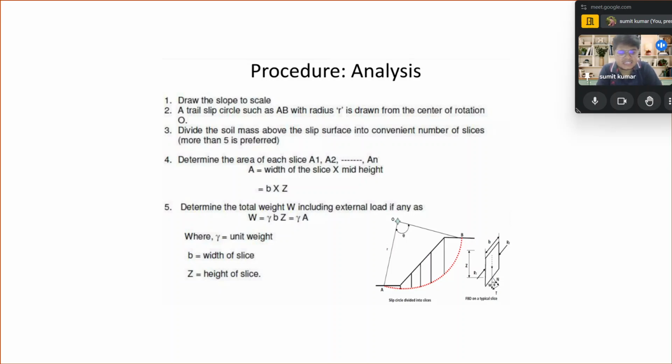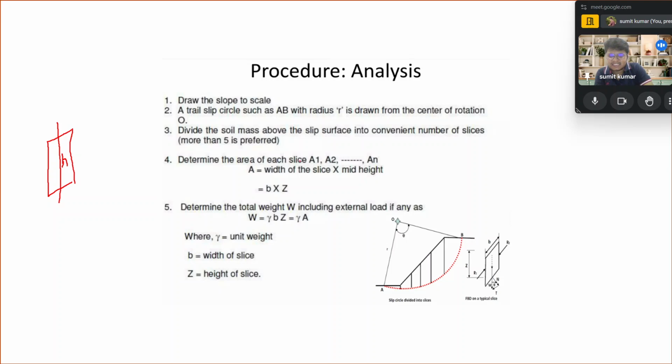If we take a specific slice like this, let me show you with the help of a pen. Suppose this is one slice, and we know the width. The height at the middle of this section is said to be the height of that slice, which we are going to use for our calculation.